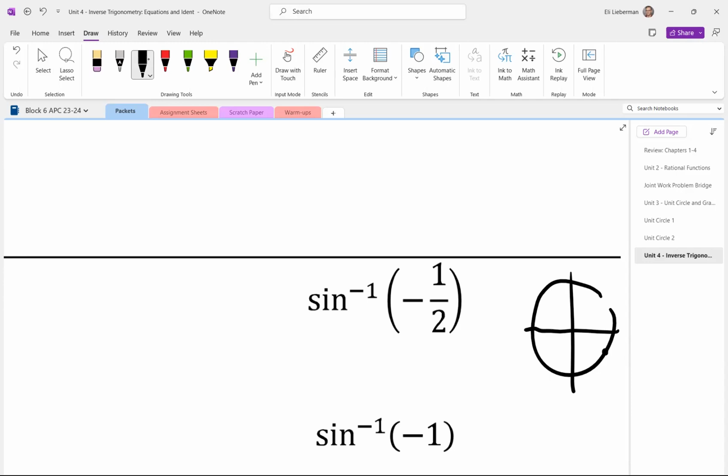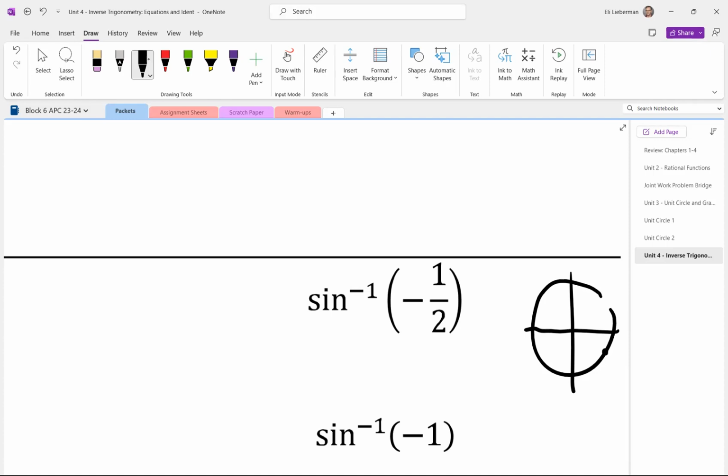Okay, Ryan, do you have an idea? -5 or 6, what do you think? Does that make sense? The angle has to be in the right range. The domain is restricted.